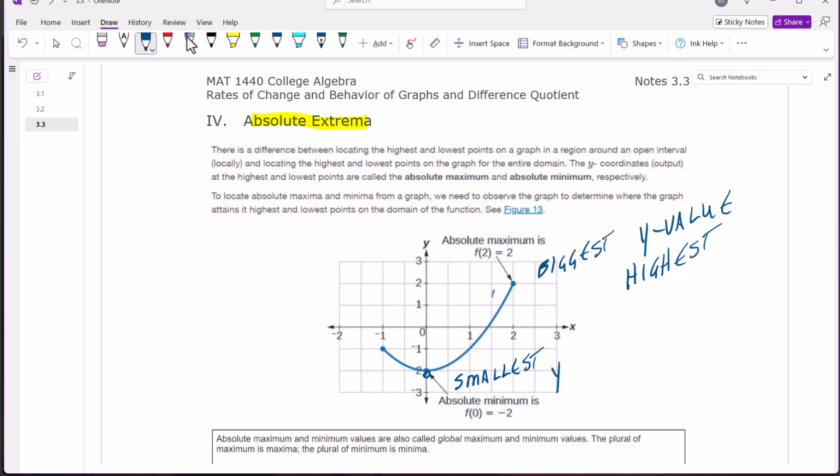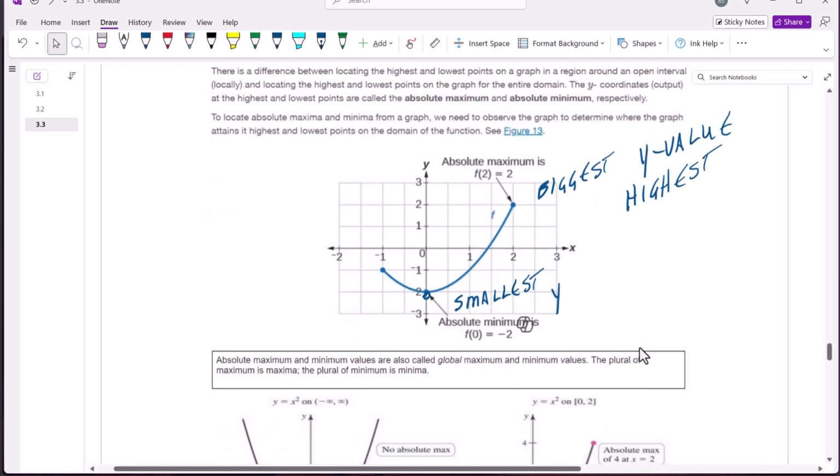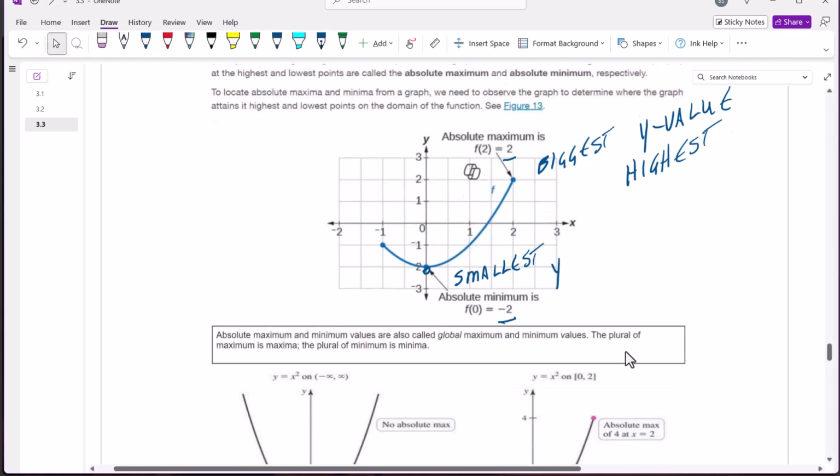So it's the lowest point on the graph. And you can have more than one absolute max. You could have the same value maybe on several places on the graph. So typically, we usually give the y value for an absolute extrema, or you can give it as a point.